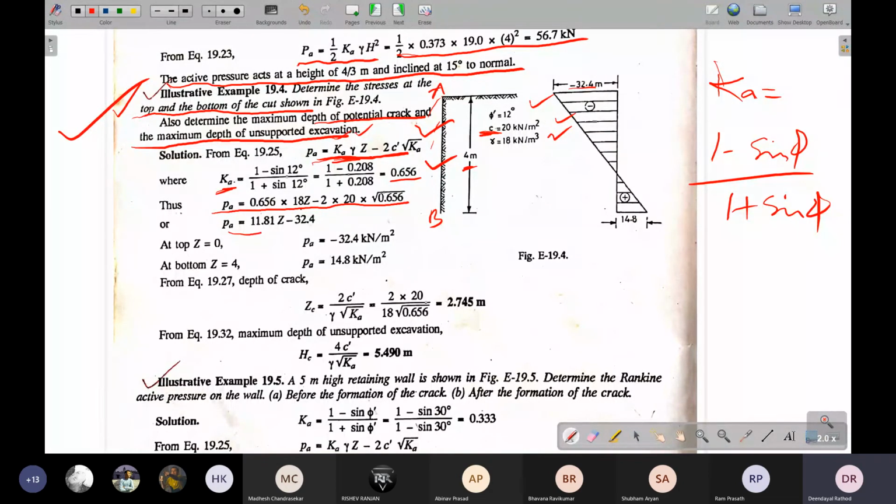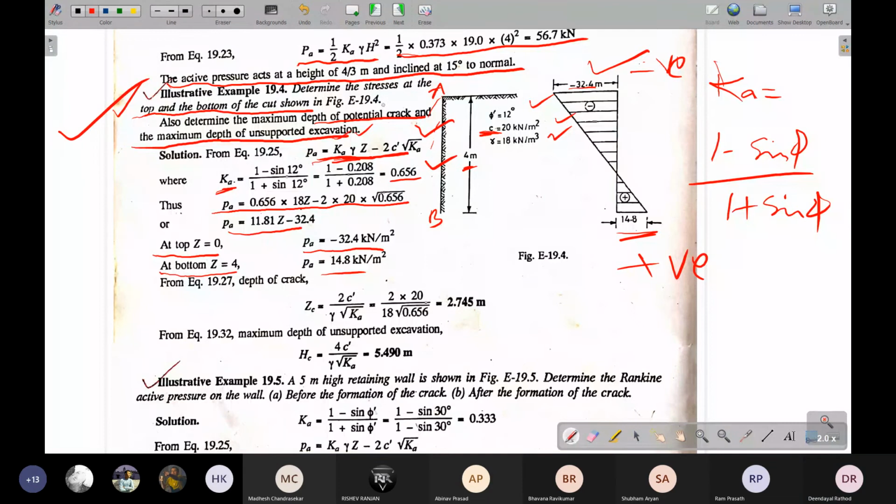When you substitute z equals 0, you will get this negative 32.5 at the top. When you substitute z equals 4 in total, you will get this value, positive. This is negative and this is positive. It means somewhere it would be 0, right? Negative and positive, where it would be 0, is nothing but our tension crack.